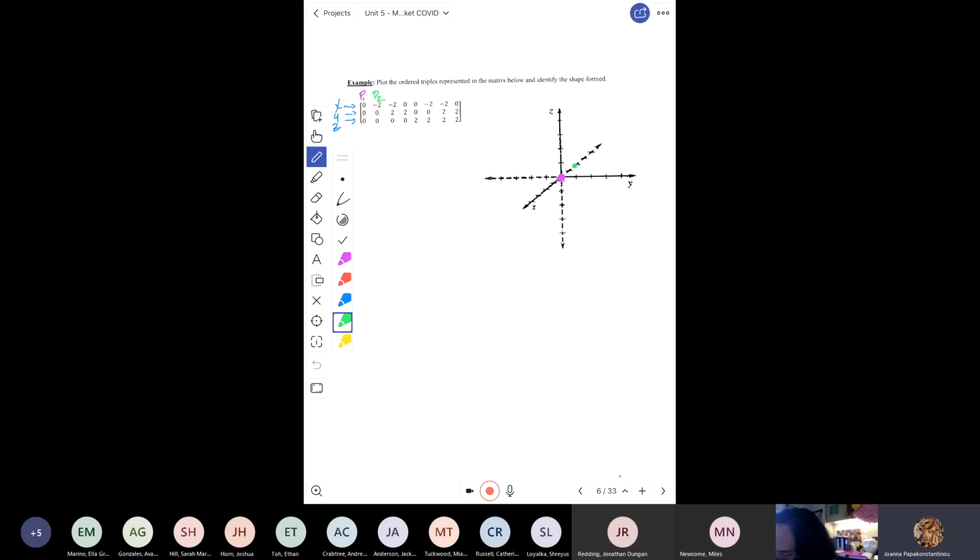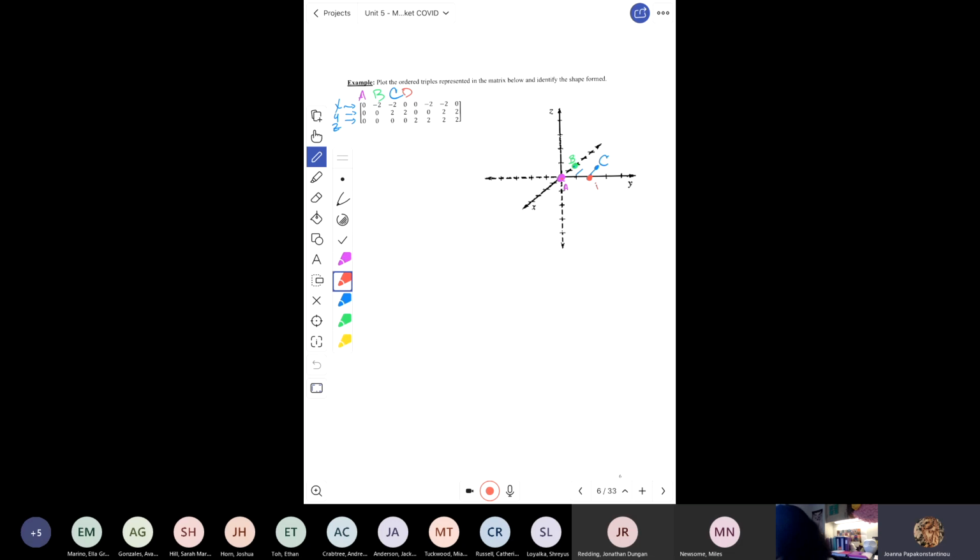Actually, let me change these and call these A, B, and C, and D, and so on. Okay, so this was point A. This was point B. Okay, now let's plot point C. So I'm going back 2, and then I'm going to the right 2. So about there. And then I have D, not going back or forward in the x direction, but I'm going to the right 2.